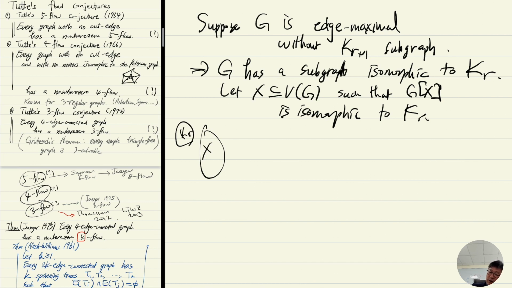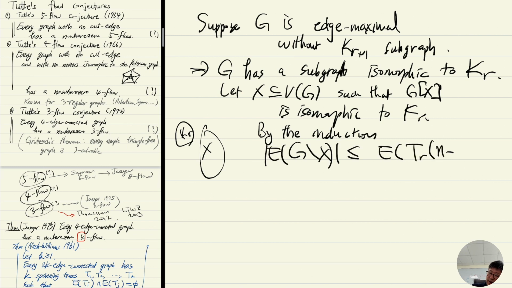Now, by induction, G delete X has at most this many edges, right? That's the number of edges. When I delete it, the remaining has this many edges. And what about the edges between them?